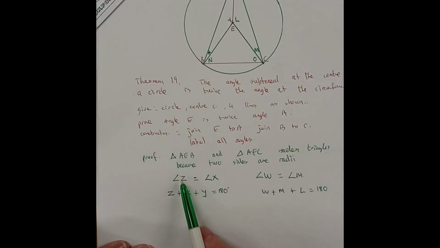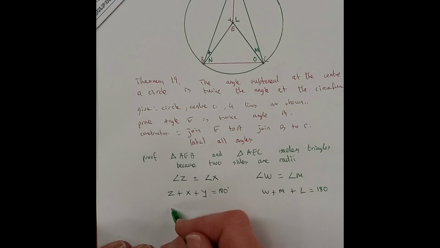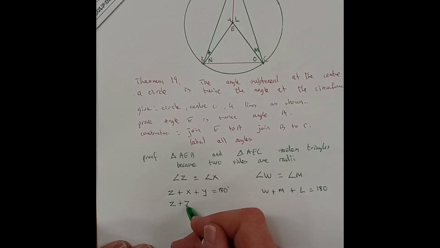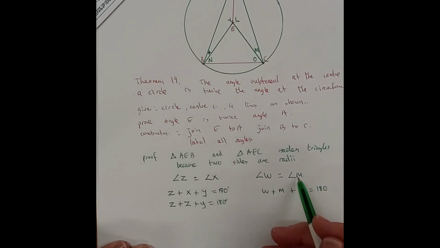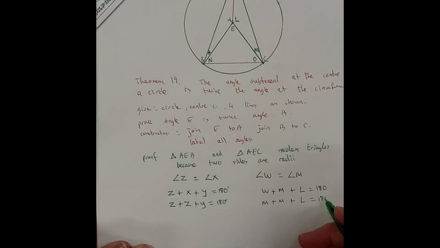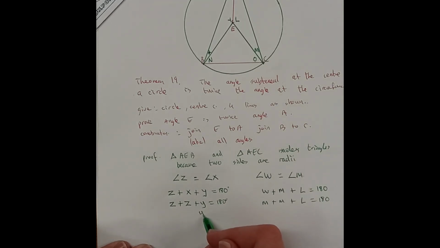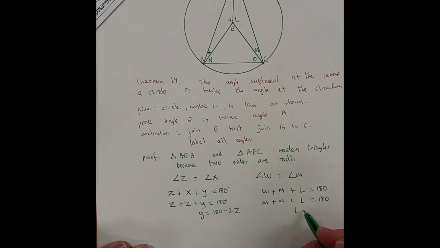But if you look very carefully, we've said Z is X. So really that's Z plus Z plus Y is 180 degrees. And we've said that W is M. So really that's M plus M plus L is 180 degrees. So that really means that Y is equal to 180 degrees minus 2 Z's. And L is equal to 180 degrees minus 2 M's.